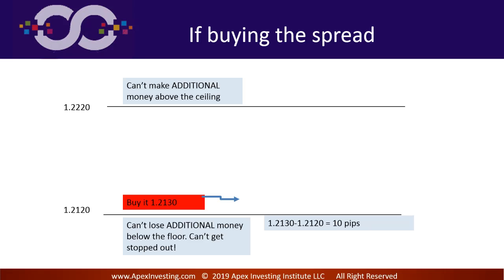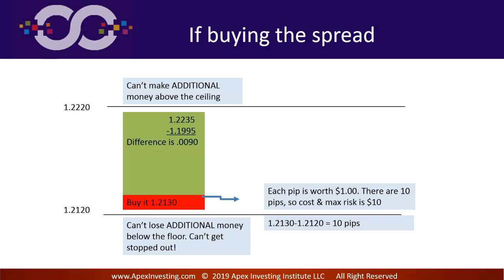So 10 pips or ticks, right? And every pip being worth $1, that's a $10 risk buying it. And you can make up to $90. Okay? And again, it doesn't have to go all the way up. If it goes above it, you still make the maximum profit if it expires above that price. Okay?